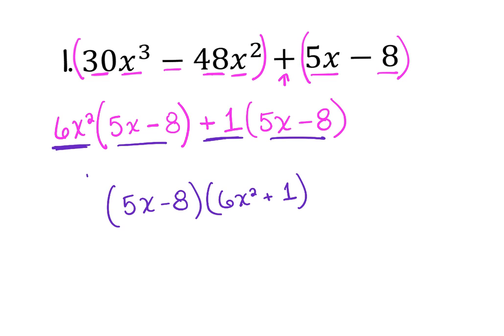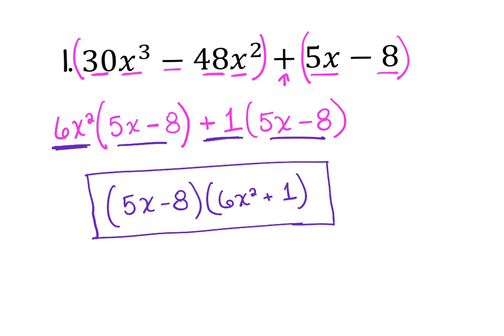If I were to FOIL this, which we're going to check, you will get what you started with, all right? So to check it, you can FOIL it. All right, so I have 5x and 6x squared gives me 30x cubed. 5x and 1 gives me 5x.